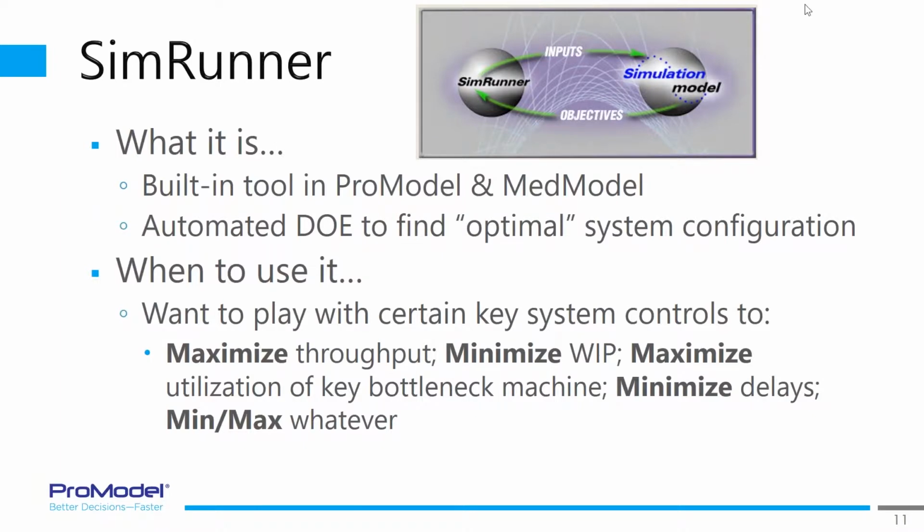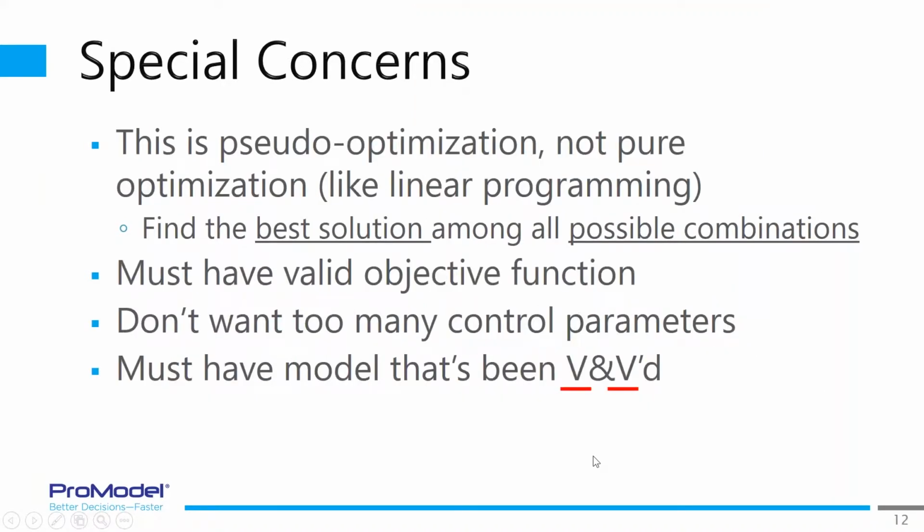So here's what SimRunner looks like. It's a built-in tool within MedModel and ProModel. And what you do is you use it to either maximize or minimize certain key items, to provide what we call a pseudo optimization solution.